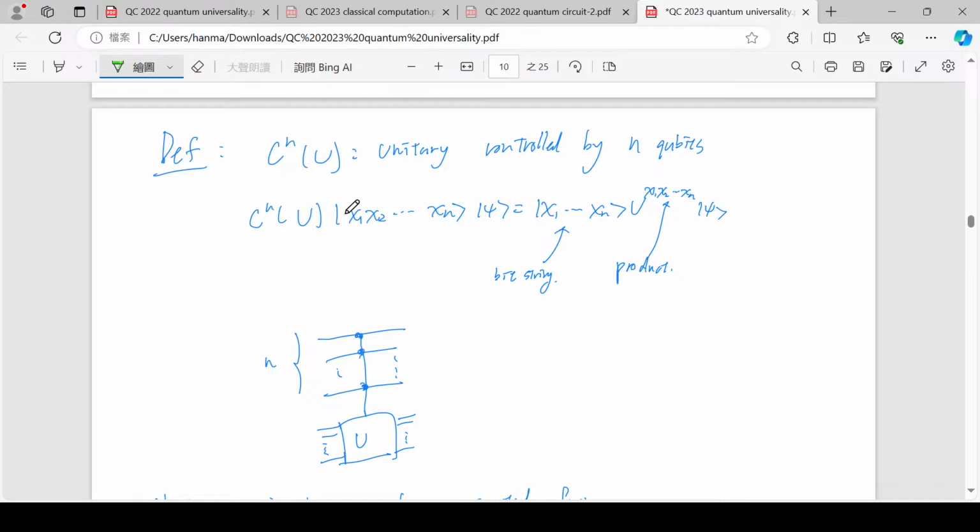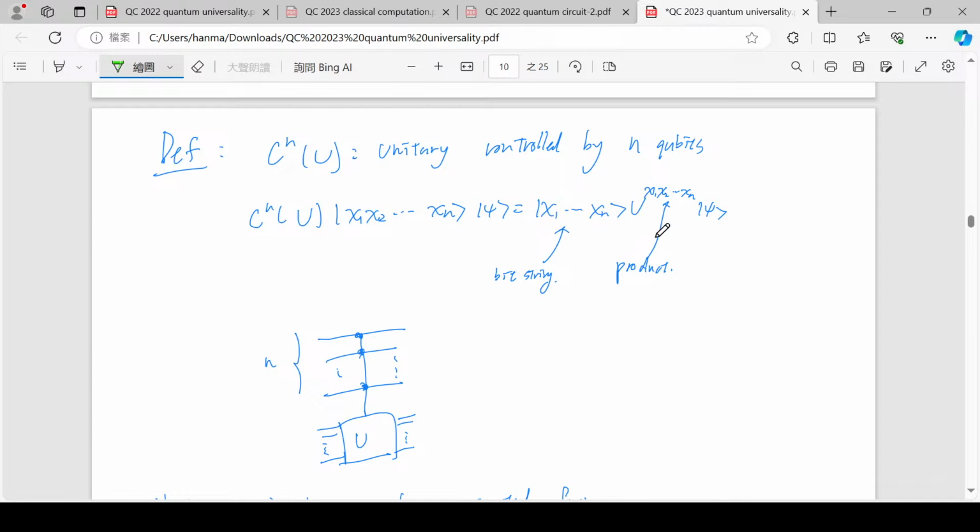So if the first n qubits are in some computational basis state x1 to xn, and the target is in some state psi, then the control qubits stay the same, still x1 to xn, and you apply U to the power x1 times x2 times dot dot times xn.